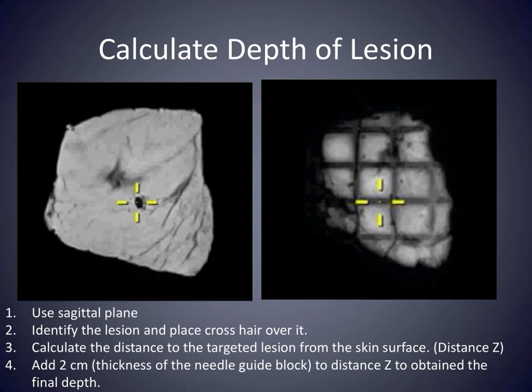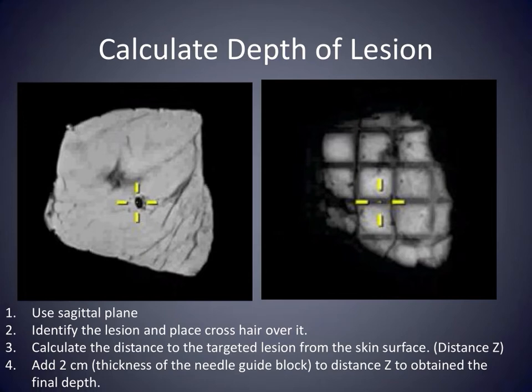First, we want to calculate the depth of the target lesion. So, utilizing the sagittal plane, identify the lesion again, determine the slice number of the target lesion, and then once again you scroll to the grid surface, or essentially the skin surface. And then you note the slice number again.